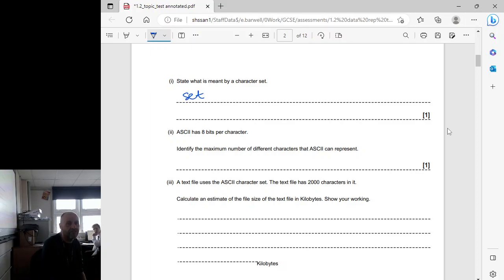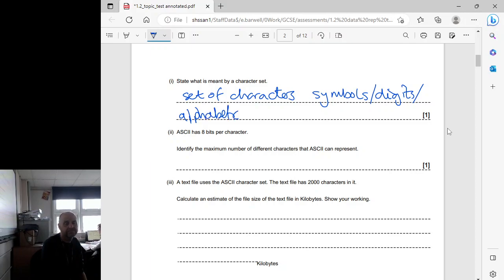The set of characters, and characters is a funny word to explain, so that's symbols, digits, alphabetic characters, that a computer system can represent. That's all it is, whatever that computer system is.